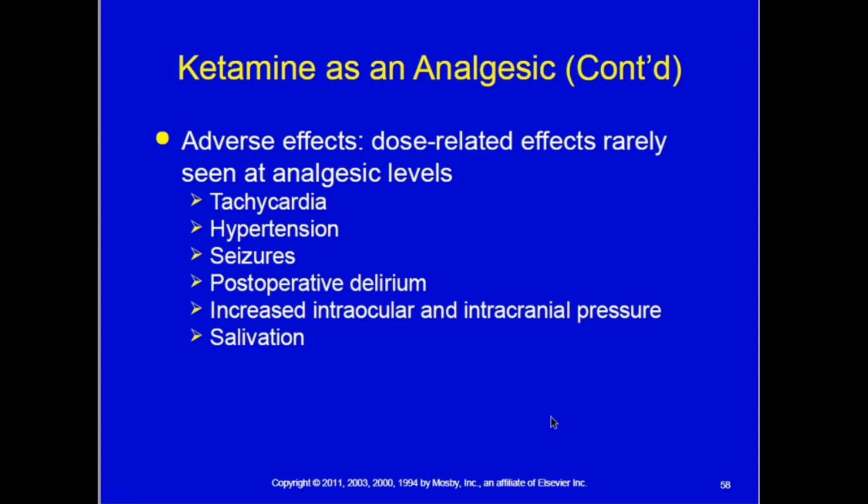The patient basically has tachycardia, increased secretion, hypertension may be there, intraocular pressure sometimes increases, intracranial pressure also increases if we give ketamine, intra-abdominal pressure also increases. And after giving ketamine, when the patient wakes up, the patient might have delirium and it also causes dissociative hallucination.